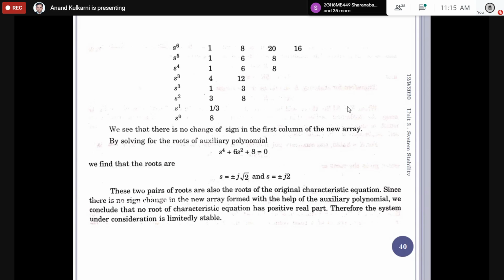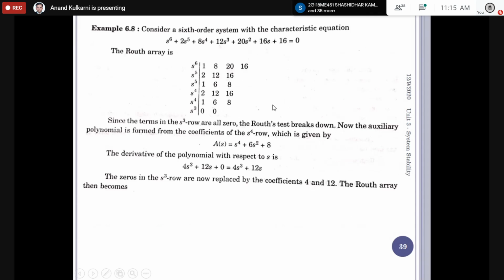If the first element of a row is 0, you should not stop there, and don't use the epsilon method. Both the terms being 0 means both the terms should be possible there. See what happens sometimes in the S^1 row.